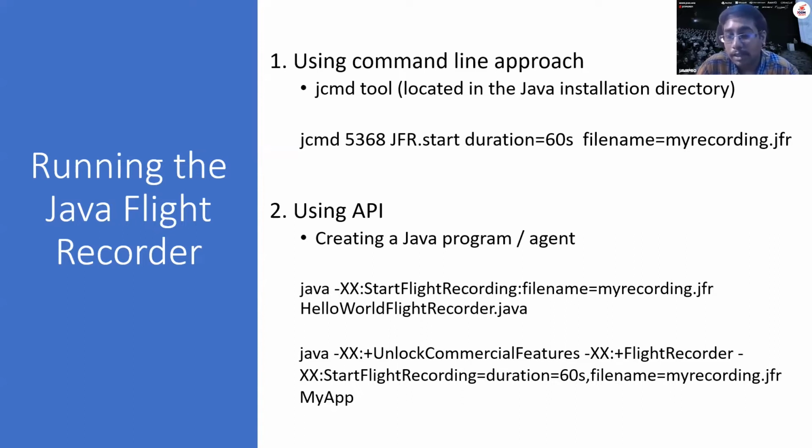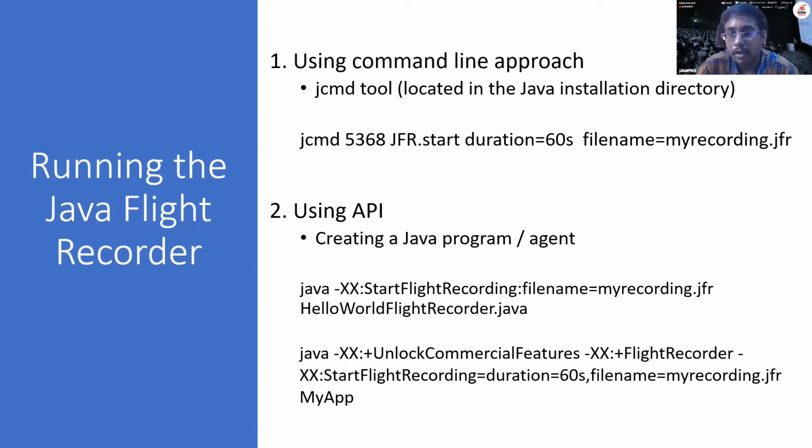Now here I would like to highlight that the Java Flight Recorder is not available by default, because it's a commercial feature. It is only available for a production environment. So if you had to use the Java Flight Recorder in a development environment, you need to unlock it, because by default it is not enabled.